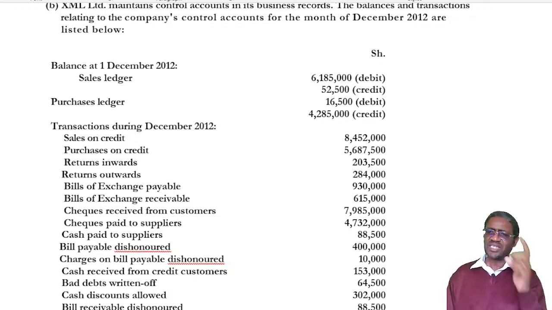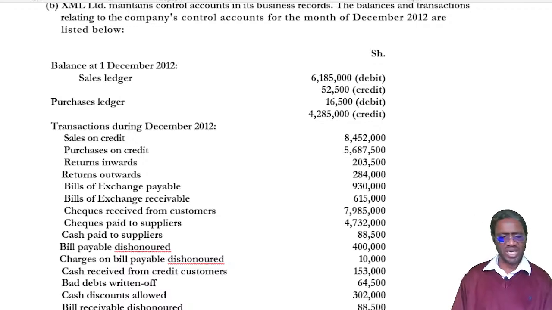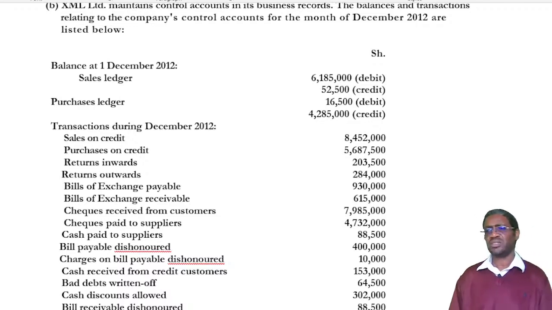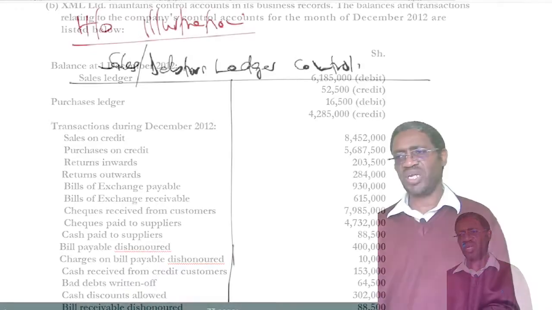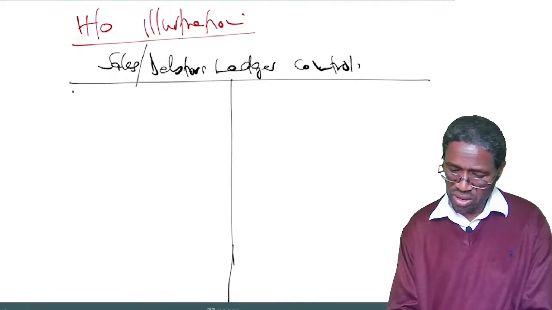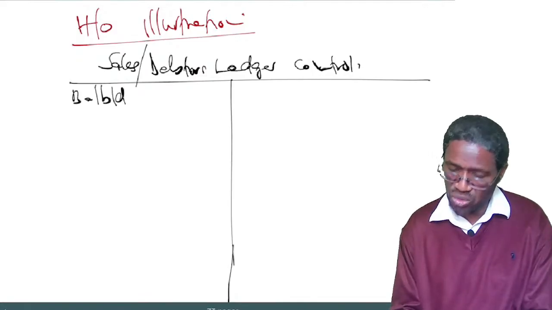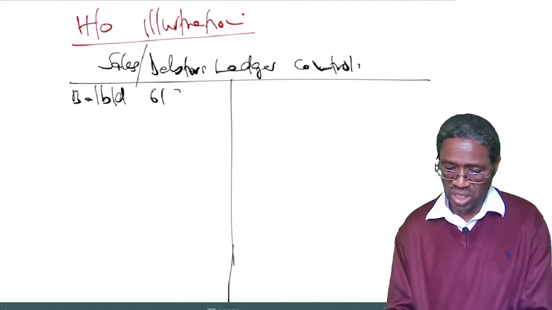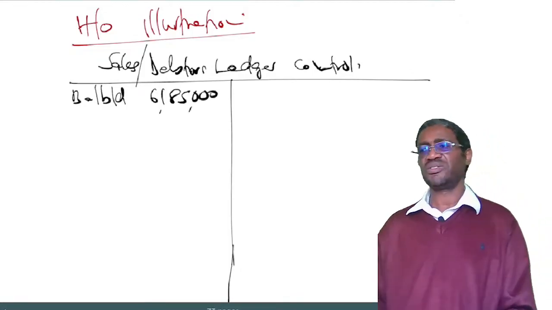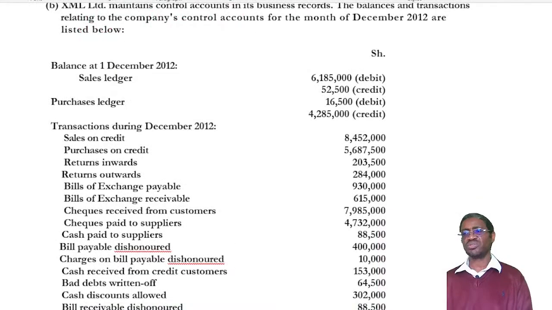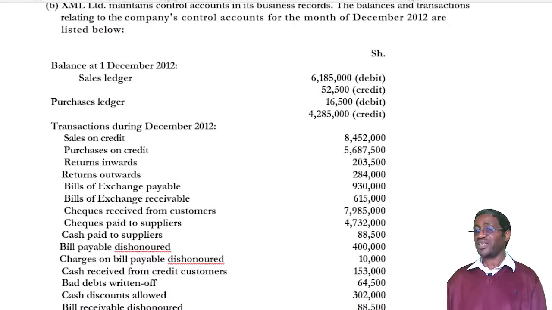You are given the sales ledger as a debit of 6,185,000. So let's bring it down now. 6,185 as a debit. If it's a balance by the beginning, I told you, just debit 6,185. Are you there? Good. Then I told you another one. By the beginning, we have a credit of 52,500.